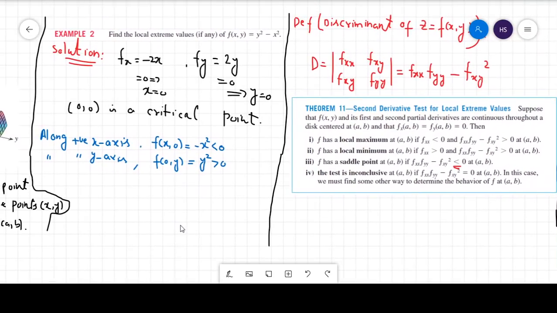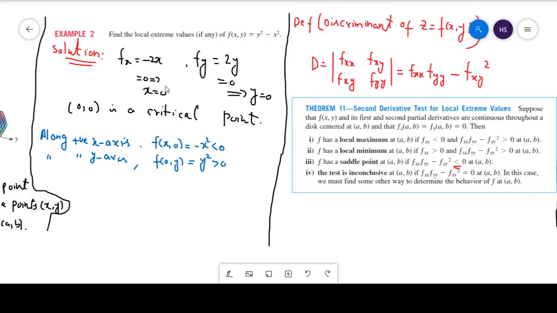For algebraic interpretation, you calculate the critical point. 0 0 is the critical point, but if you take the positive x-axis where y is 0, your function reduces to minus x square, since x is always positive. So this will always be a negative value. And for the positive y-axis, where x is 0, this function will be reduced to y square. This will always produce greater than 0.